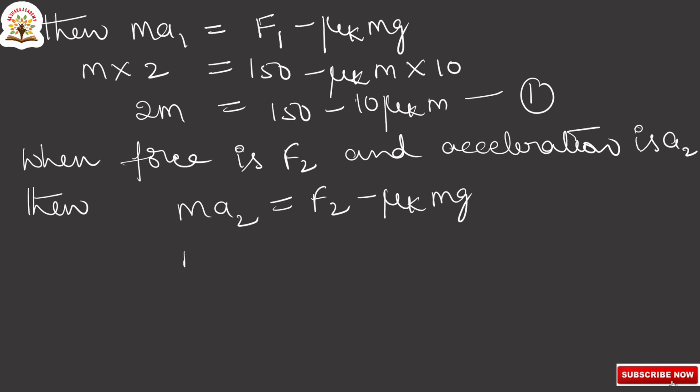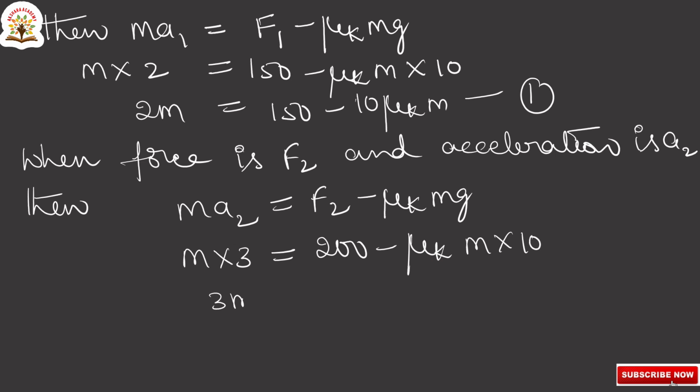Now substituting values, m into a2, that is 3, equals F2, 200, minus mu k m into 10. So 3m equals 200 minus 10 mu k m. Consider this as equation number 2.